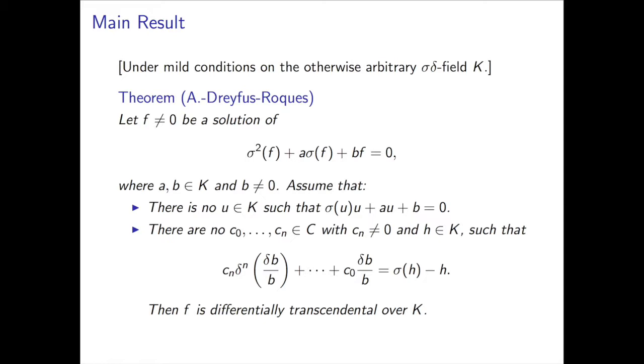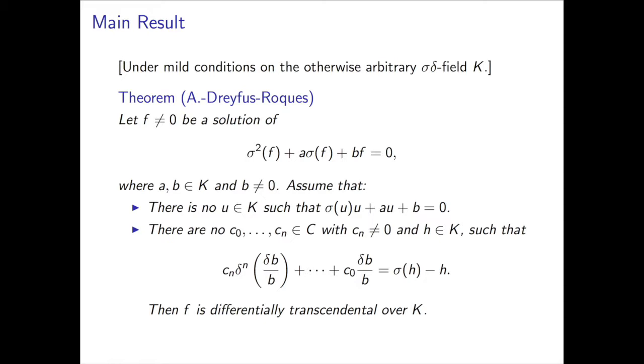So now this result, which again applies not just for my special K of elliptic functions, but almost in general: if you give me a non-zero solution of a second order linear difference equation, I can tell that it is differentially transcendental over the base field K, provided that these two things are satisfied.